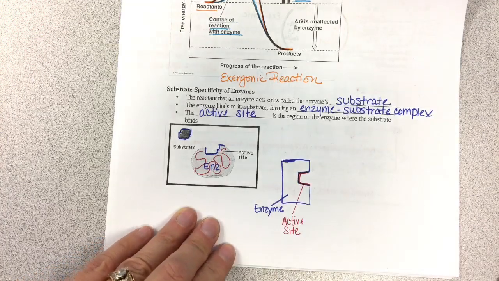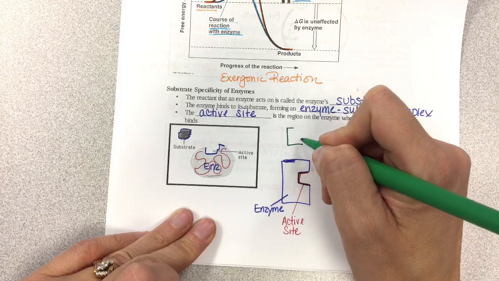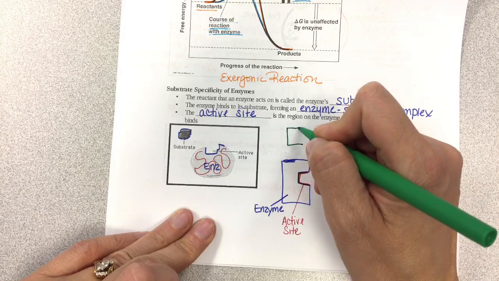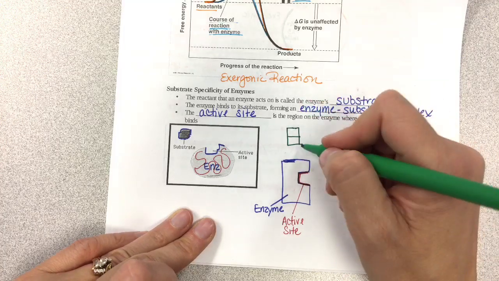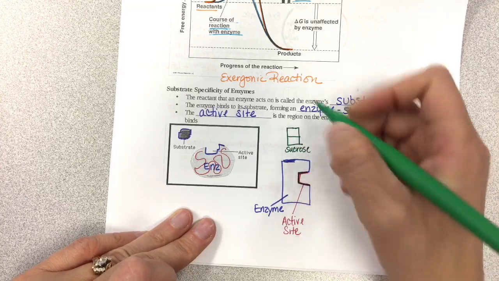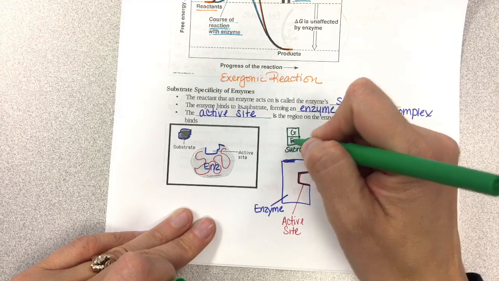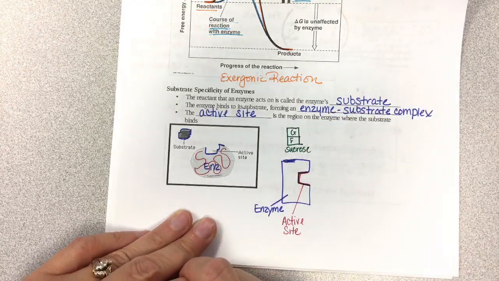And then we have sucrose. Sucrose is made from glucose, I'm going to put a G, and a fructose, but they're bonded together, so it's a disaccharide.